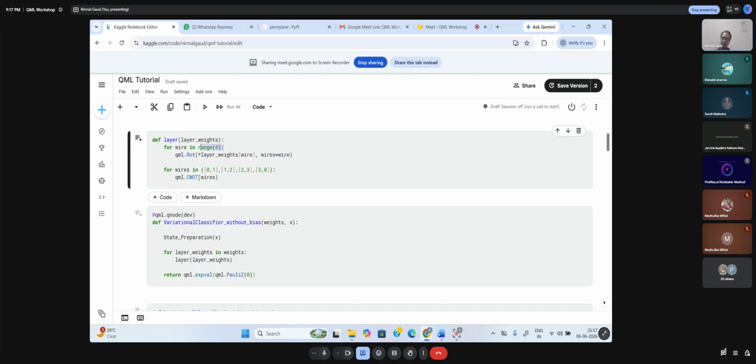So in a layer, every wire will get its respective value. In rotation we will give 0, then 1, then 2, then 3. In CNOT we will give 0, 1, 1, 2, 2, 3, 3, 0. So that's how we are defining a layer, and such kind of input we are going to give.